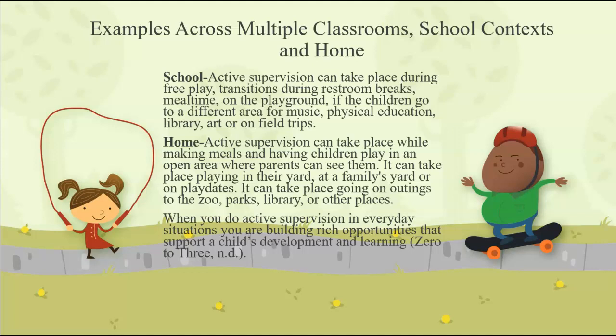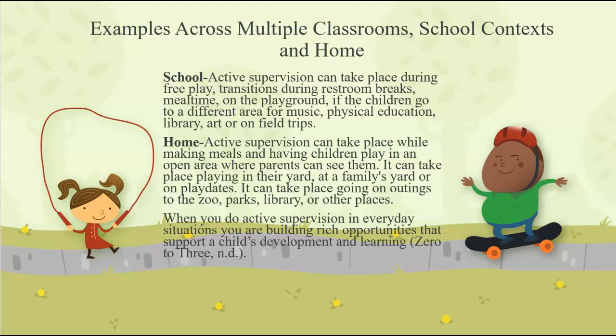Examples across multiple classrooms, school contexts, and home. School. Active supervision can take place during free play, transitions, restroom breaks, mealtime, on the playground, if the children go to a different area for music, physical education, library, art, or on field trips. At home, active supervision can take place while making meals and having children play in an open area where parents can see them.